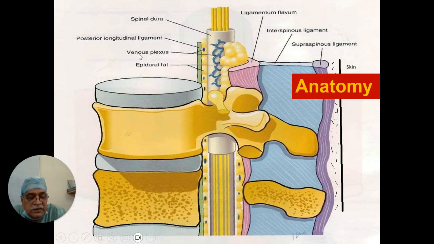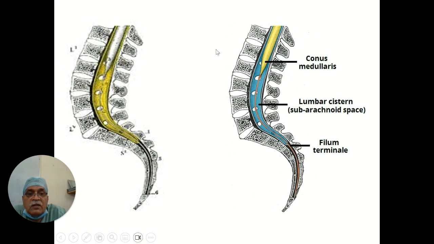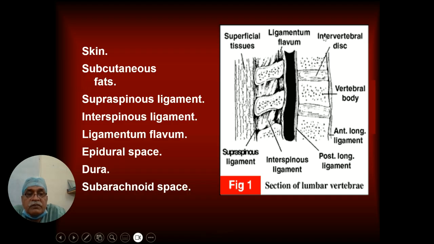These are the structures: vertebral body, ligamentum flavum, supraspinous ligament, interspinous ligament.